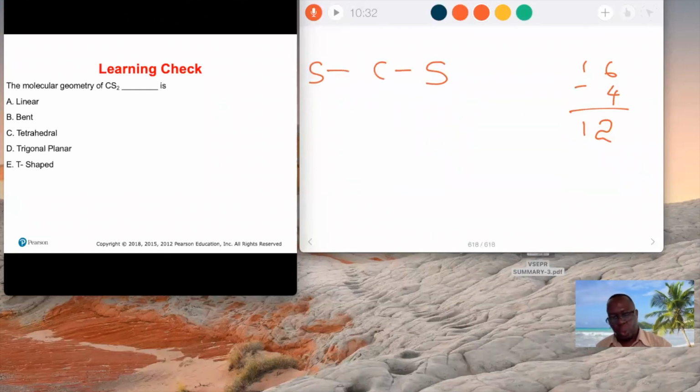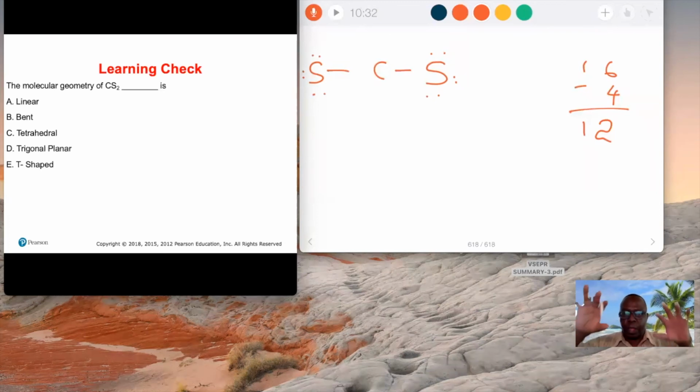From the remaining 12, the external atoms should take first priority in satisfying the octet rule.